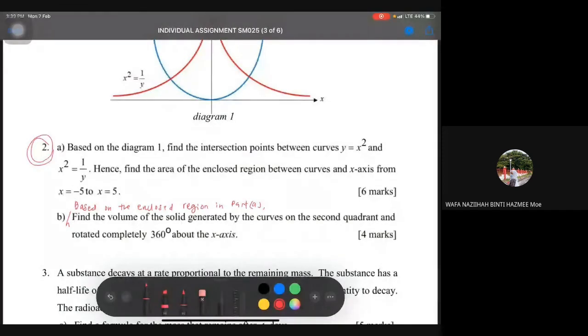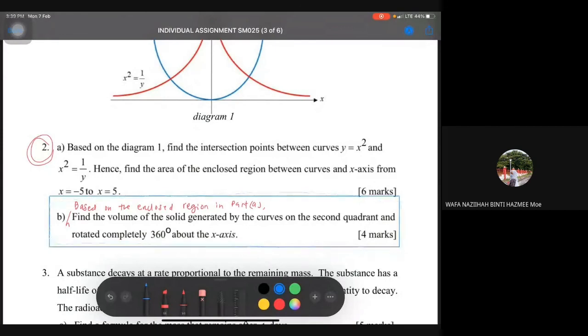Ini sebenarnya dia punya soalan, soalan yang betul. Nanti awak tambah sendiri dalam awak punya assignment. Based on the enclosed region in part A. So based on part A punya enclosed region, kita akan guna balik dekat part B. Itu adalah individual assignment. Alright, I think that's all for individual assignment.